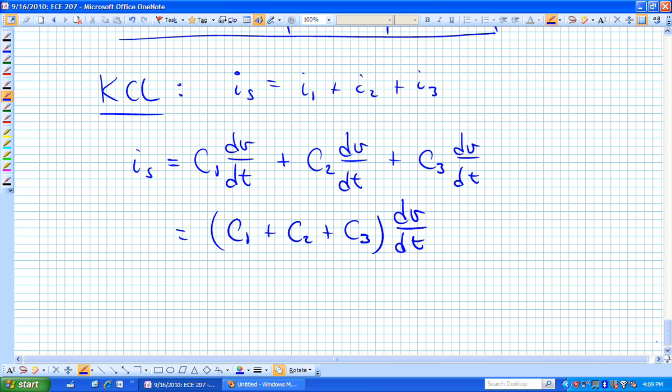Or we could say, you know what? Why don't we just say, instead of those 3 individual capacitors, there's just one equivalent capacitor relating I sub S and that voltage? If we did that, then we would say, oh, I sub S is just this C equivalent times dV dt.